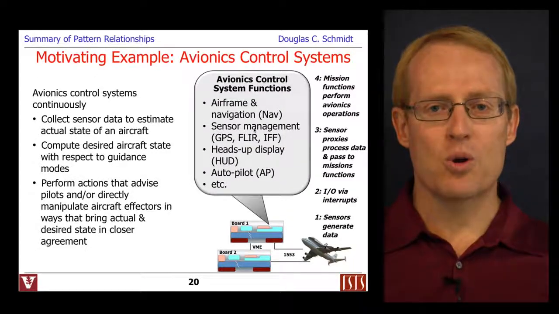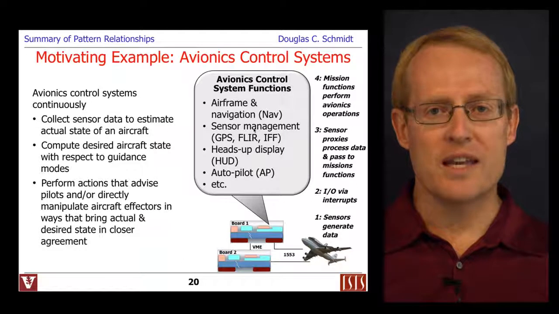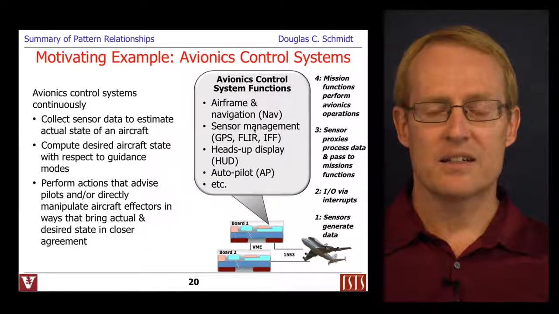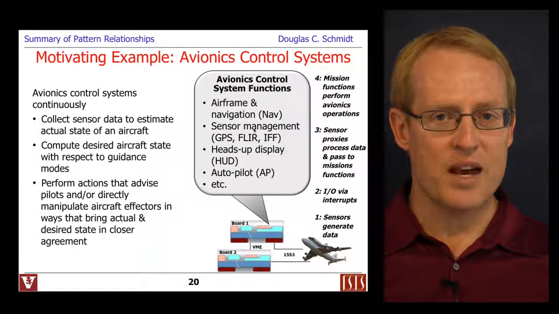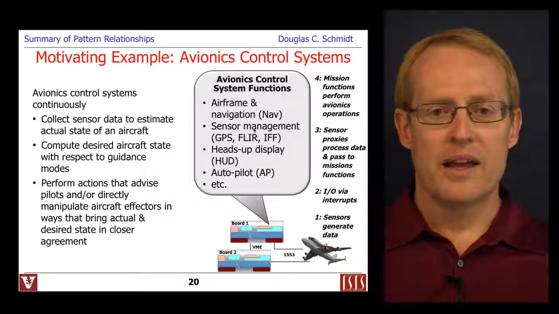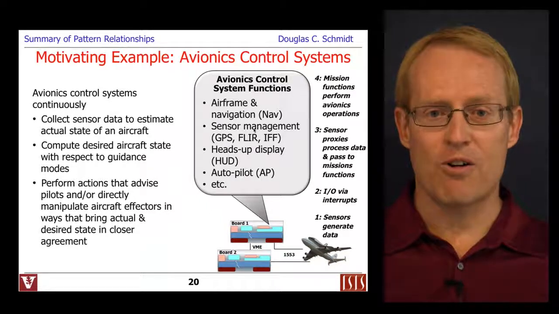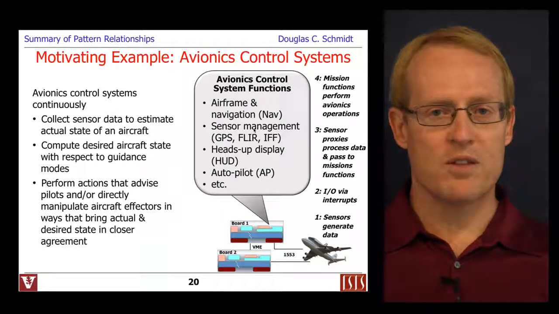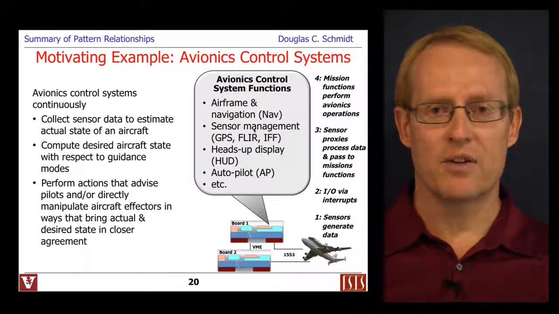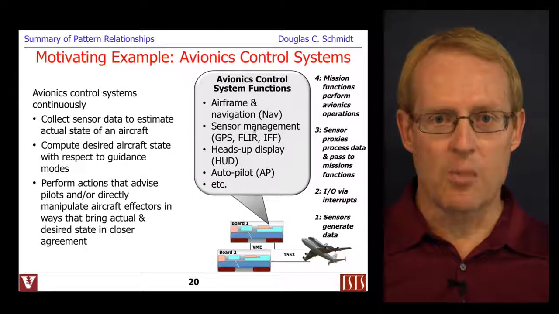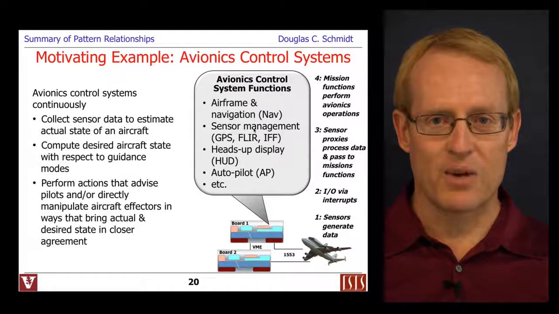An avionics control system continuously collects sensor data to estimate the actual state of an aircraft. It computes the desired aircraft state with respect to the various guidance modes it's in. For example, is it in autopilot mode? Is it in terrain following mode?